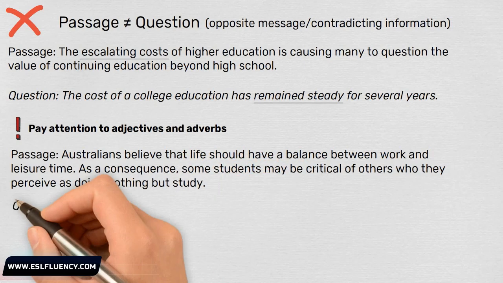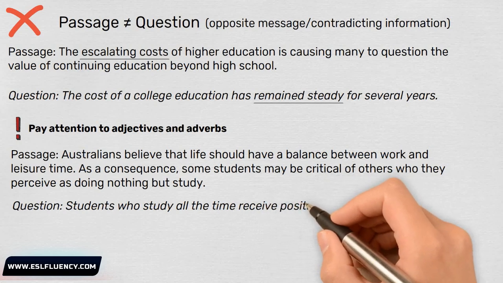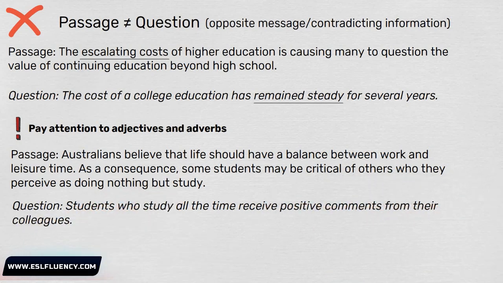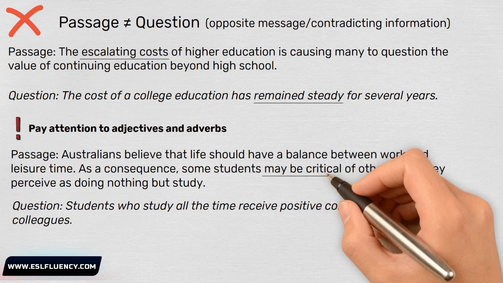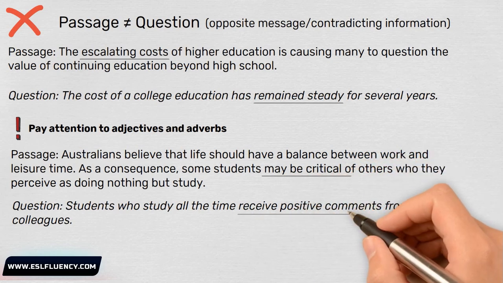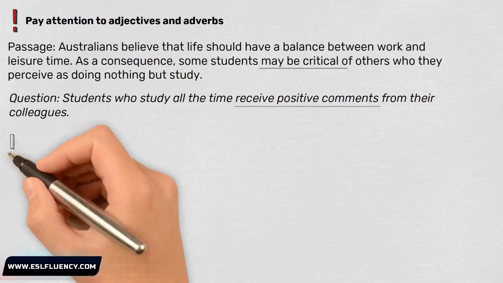And the question says, students who study all the time receive positive comments from their colleagues. The passage says that they are critical of those who study all the time. But the question says they have positive comments towards the other group. Again, they say the opposite thing. So the answer here is false.